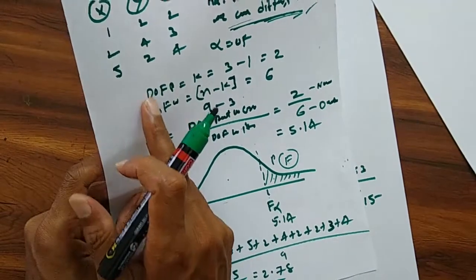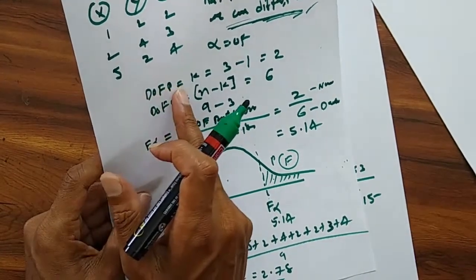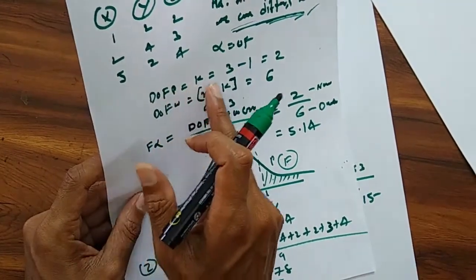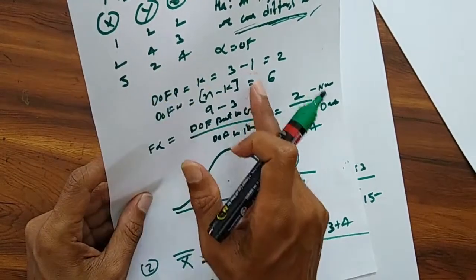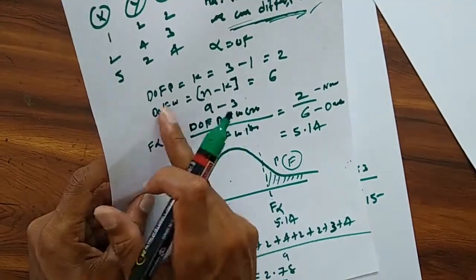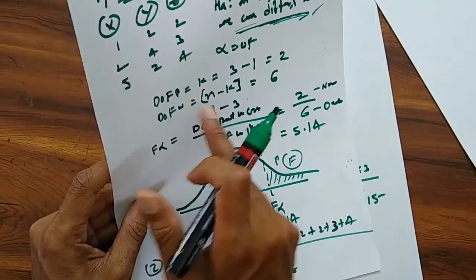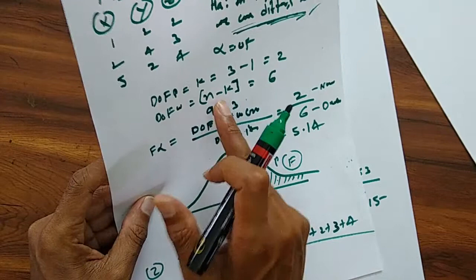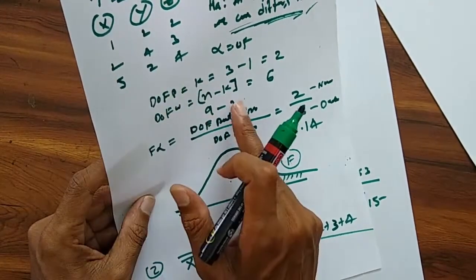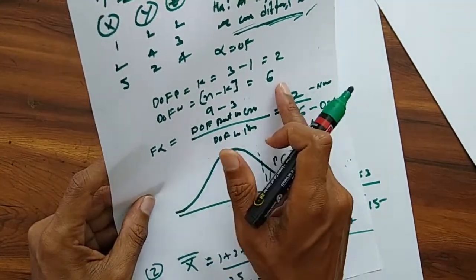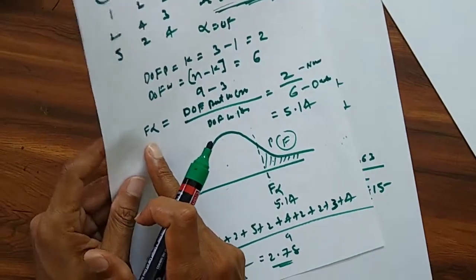So we calculated the degrees of freedom between groups, k, that is 3 populations minus 1, is 2. Degree of freedom within group, that is n minus k. N is our total sample size, that is 9, minus 3, our total population size, so we got 6. So we calculated F alpha.